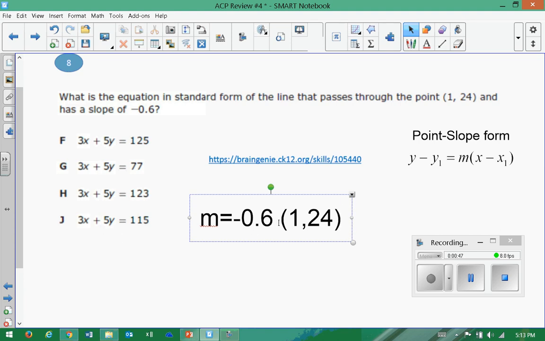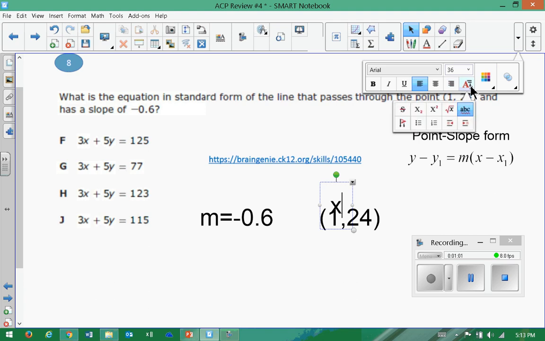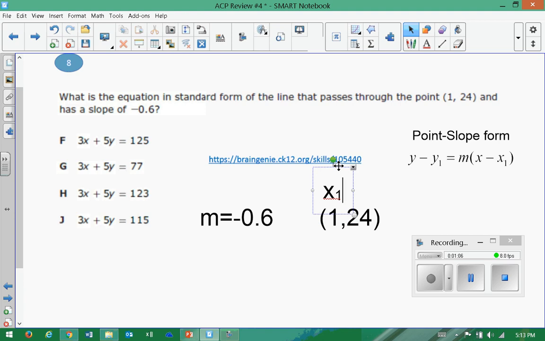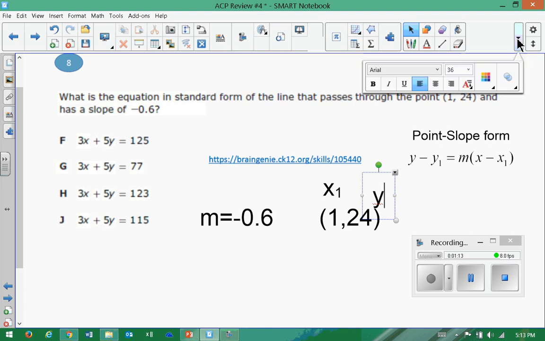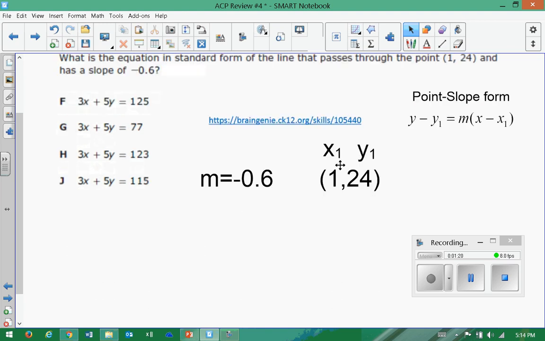So our x1, again, what's going to serve as our x sub 1, and I'll go ahead and make this a subscript. Right, x sub 1 is going to be our 1, and let y sub 1 be our 24.